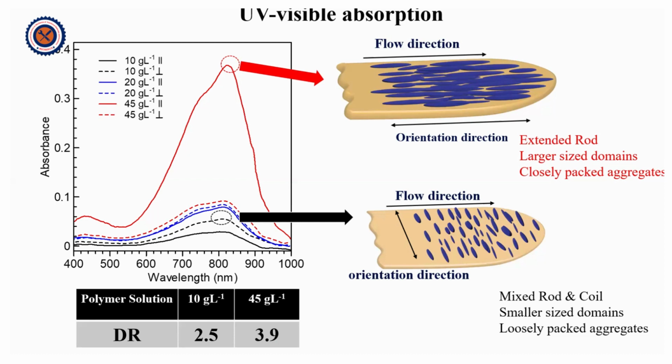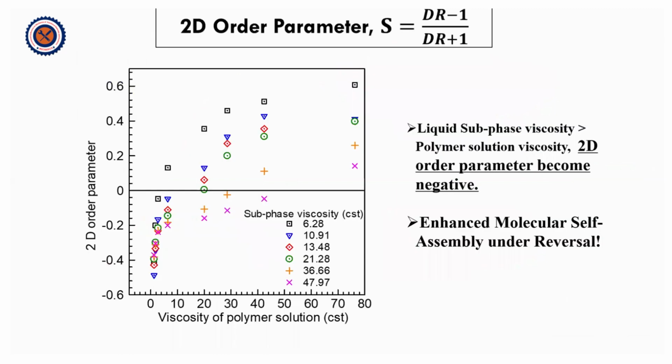Also you can see that the dichroic ratio of 45 gram per liter is more than the 10 gram per liter, which shows that orientation is more in 45 gram per liter. Dr represents the orientation, so the 45 gram per liter polymer solution has a higher dichroic ratio. The other parameter which helps us understand orientation more is called the 2D order parameter.